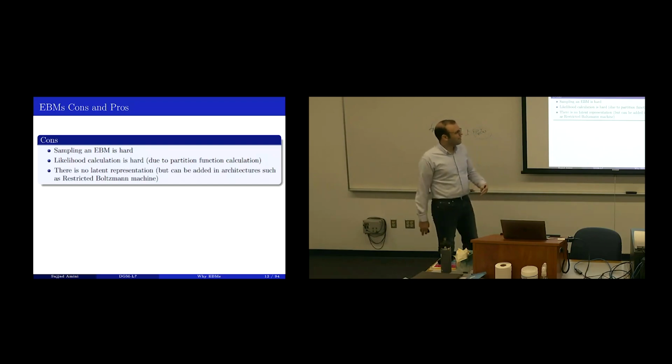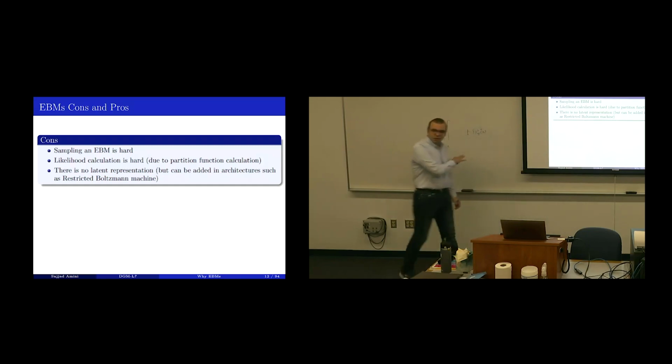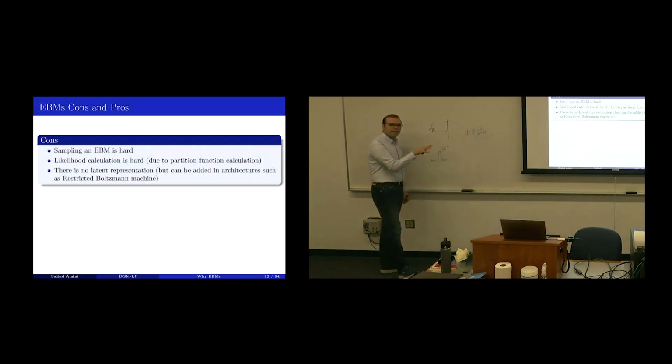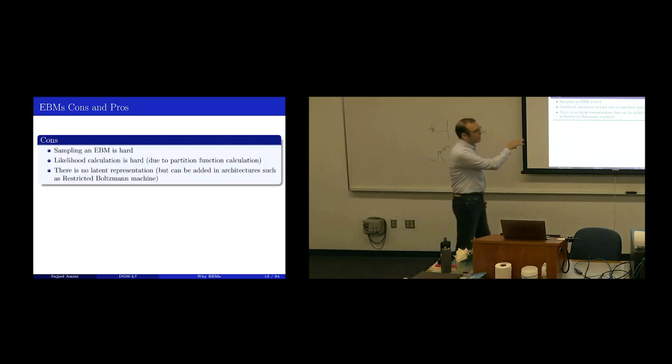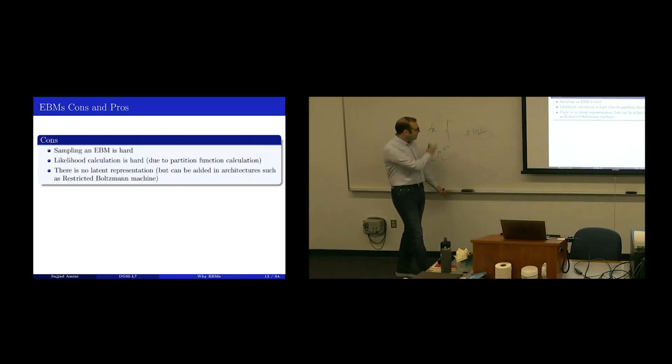The other con is that there is no latent representation. There are some EBMs, for example the restricted Boltzmann machine, that can provide you with a latent representation. But with this formulation, you cannot see any Z in this architecture.